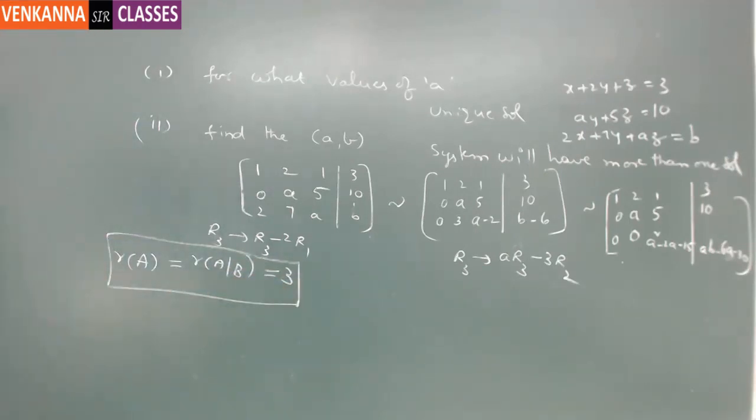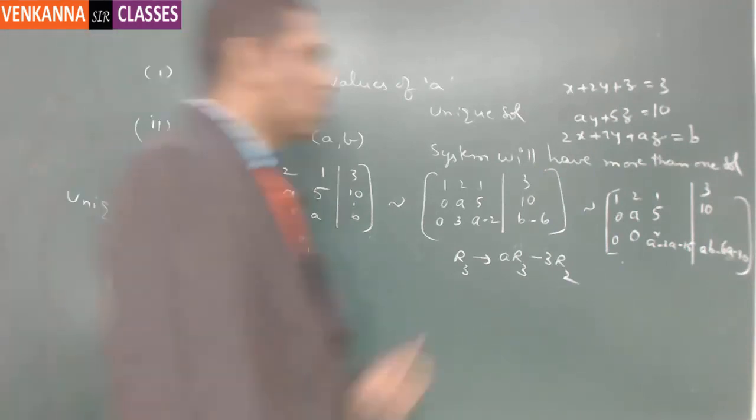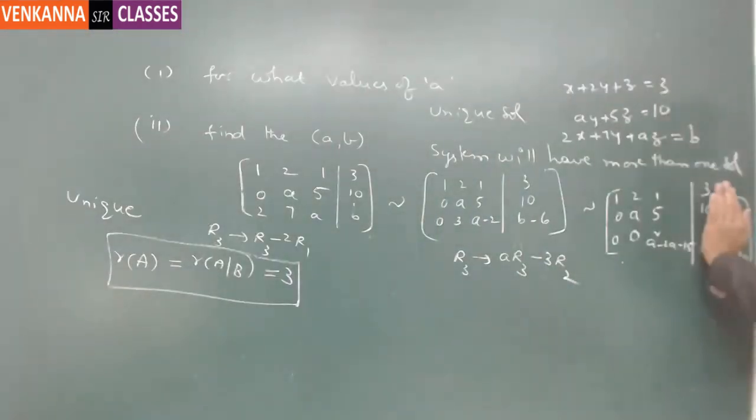This must be our criteria to have a unique solution. It is possible whatever the value of b, we don't bother here. If this part is non-zero, then automatically we can say that both ranks will be equal to 3. Then you will have a unique solution.